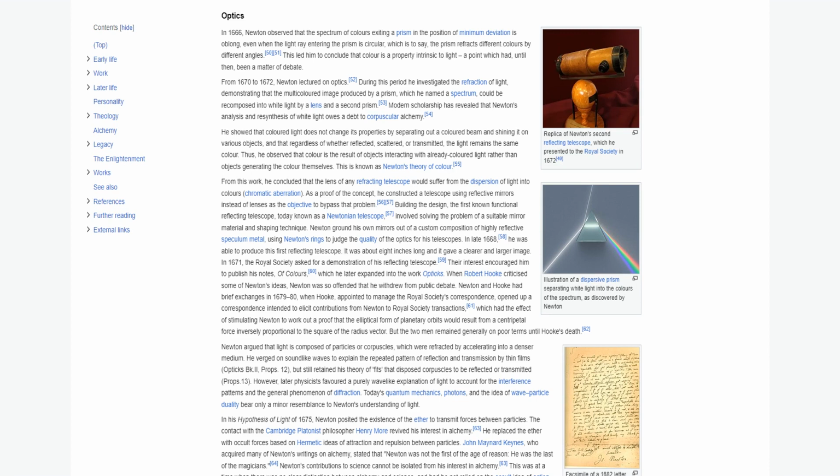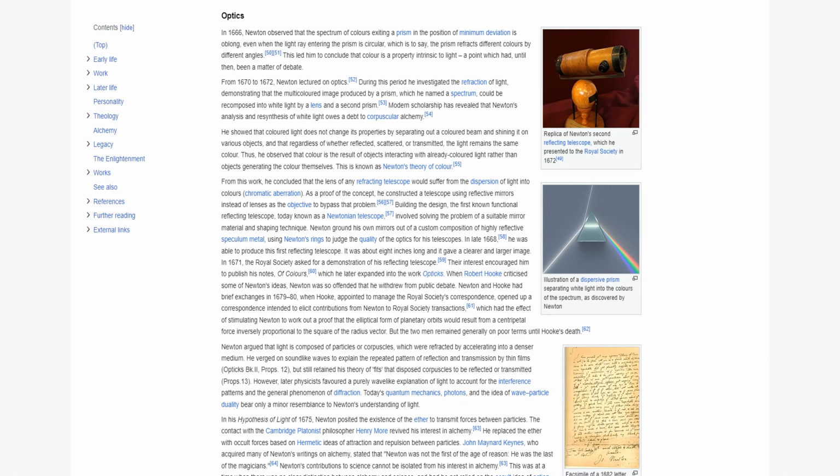Newton ground his own mirrors out of a custom composition of highly reflective speculum metal, using Newton's rings to judge the quality of the optics for his telescopes. In late 1668, he was able to produce this first reflecting telescope. It was about 8 inches long, and it gave a clearer and larger image.